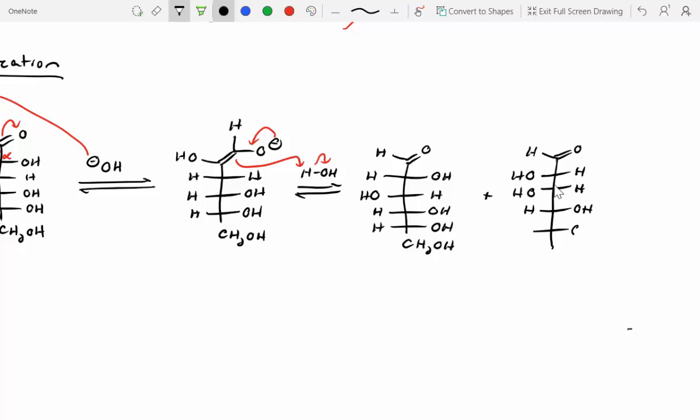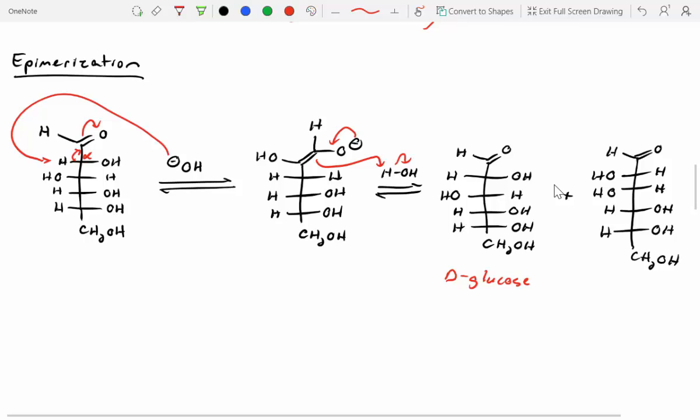And does anybody have their table with them that I handed out yesterday? We know this one's going to be D-glucose. What's the one on the right? Does anybody have their table? What was it? D-mannose, right?